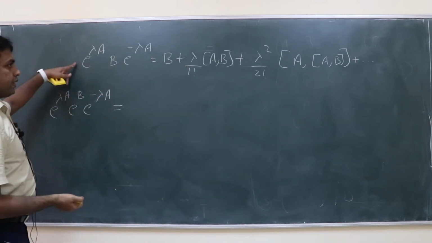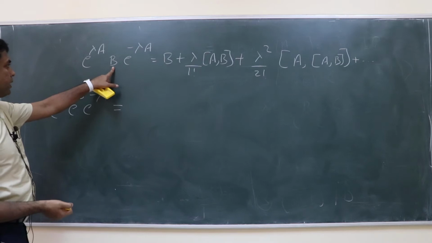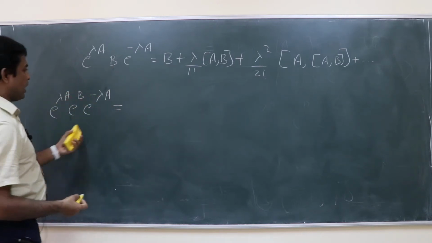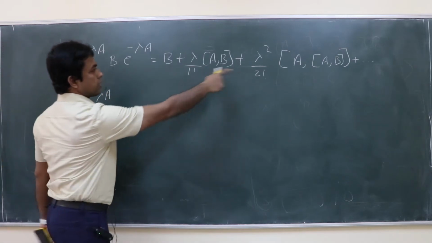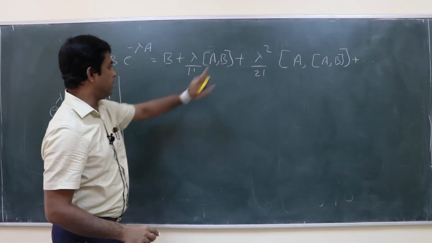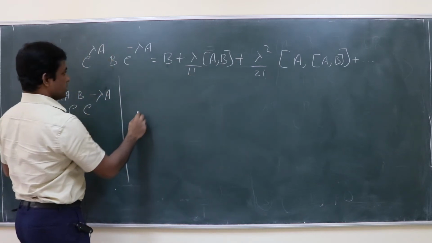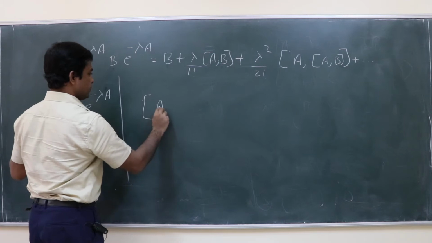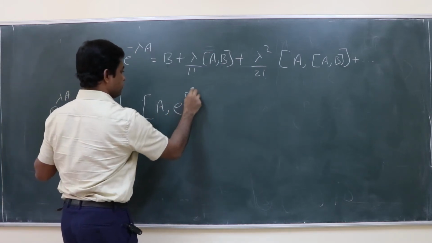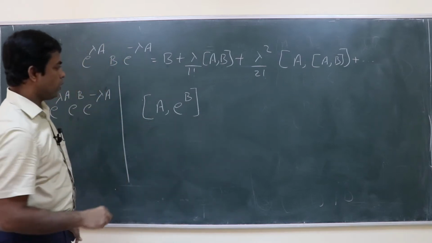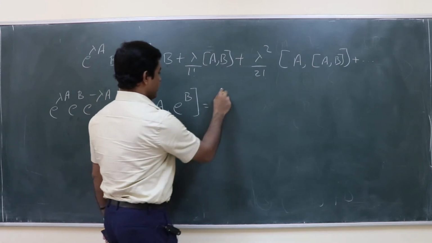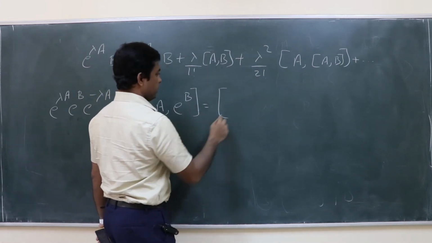So this one we already derived. Instead of the operator b, what you have is e power b. Now to calculate this, let us calculate each of these terms initially. So the commutator of a with e power b: you can expand e power b.